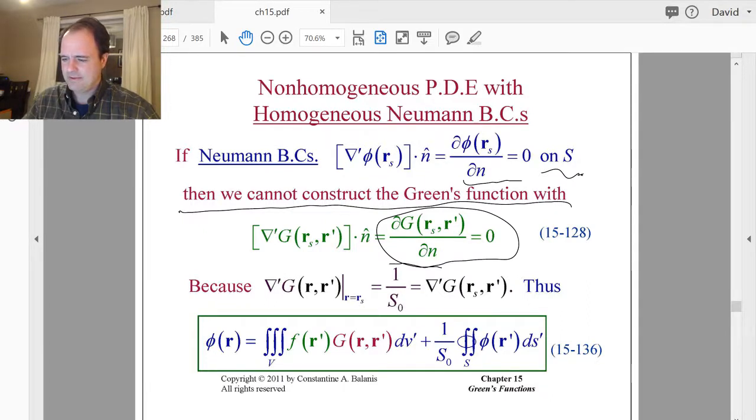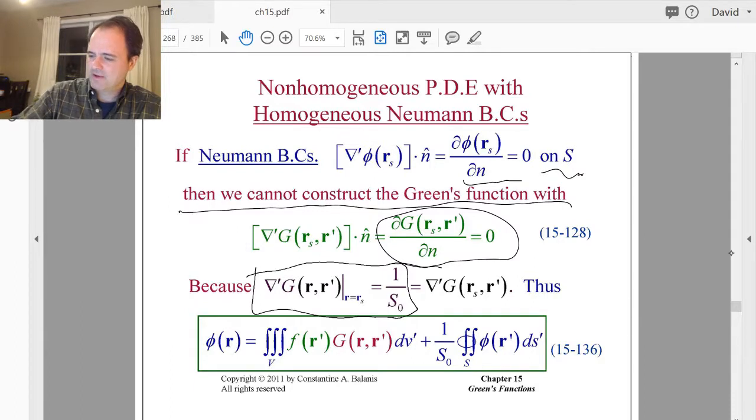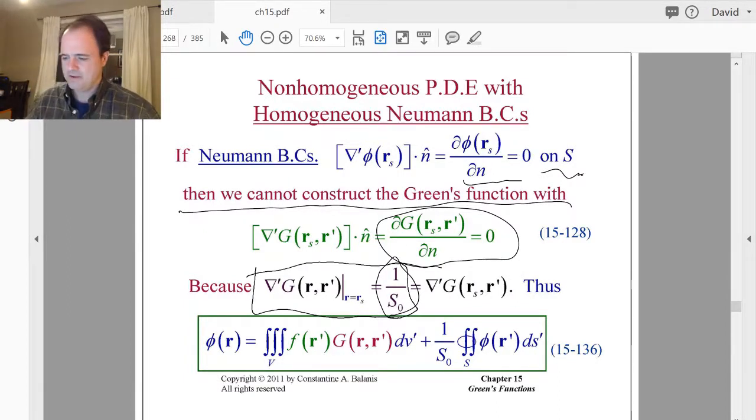And because it will turn out that my dG dn has to be equal to something like this, 1 over S, where S is the area of the surface. All right.